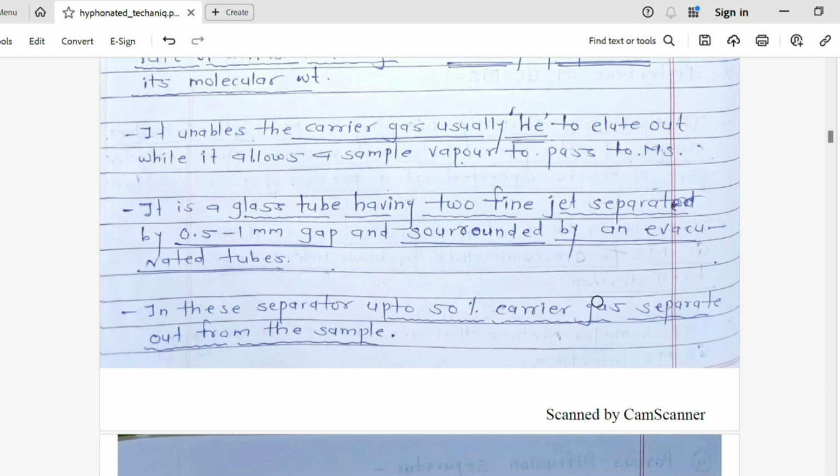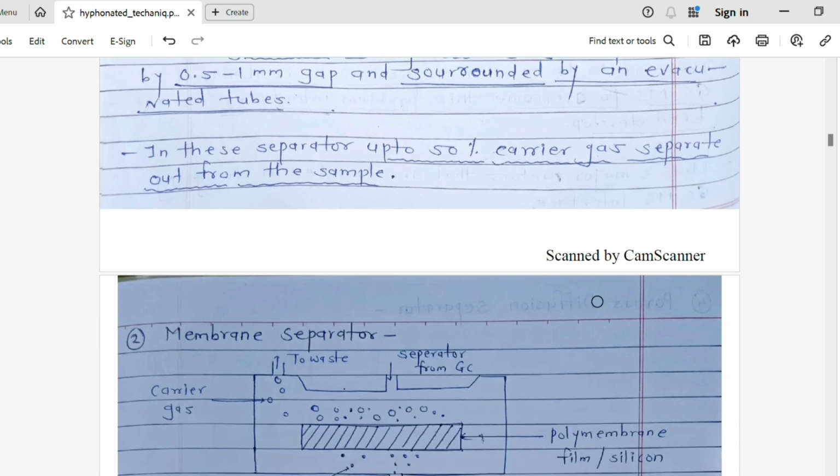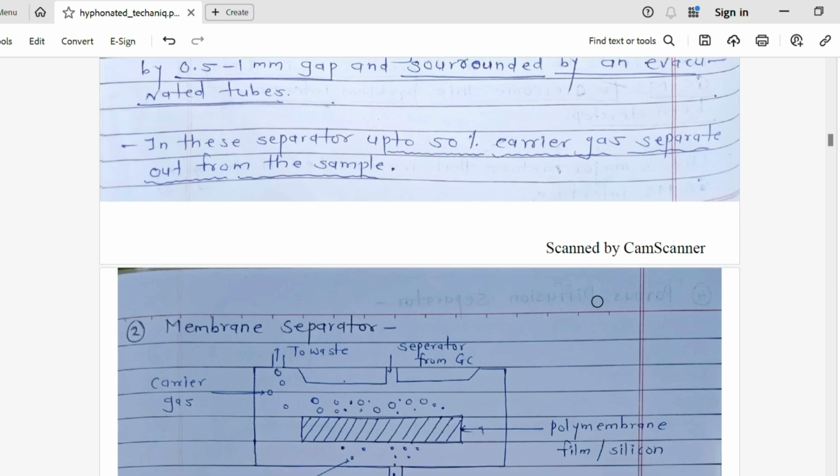It is a glass tube having two fine jets separated by a 0.5 to 1 millimeter gap, surrounded by evacuated tubes. In this separator, up to 50% of the carrier gas is separated out from the sample.